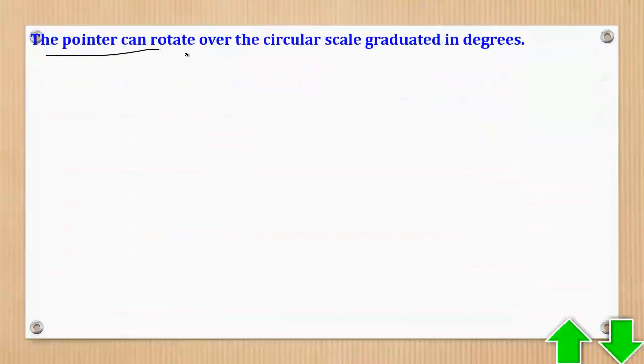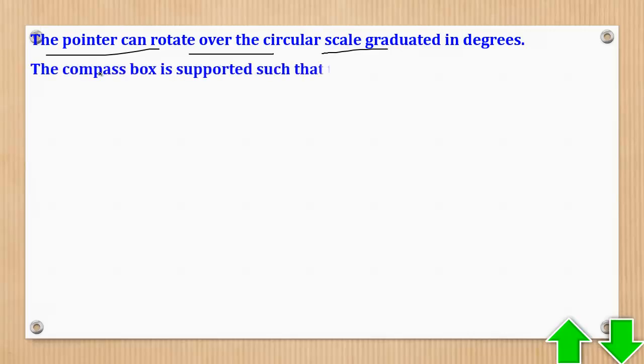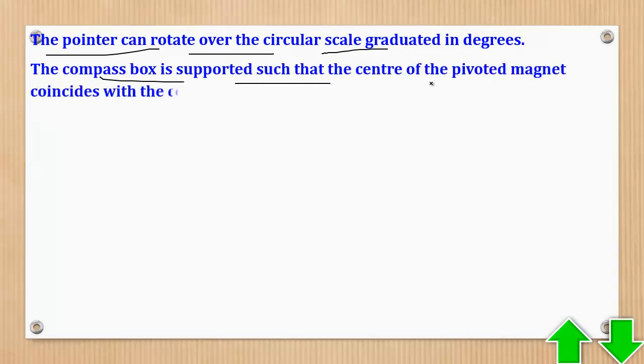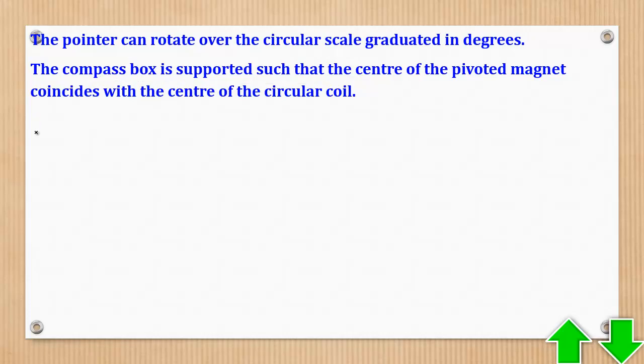The pointer can rotate over the circular scale graduated in degrees. The compass box is supported such that the center of the pivoted magnet coincides with the center of the circular coil.